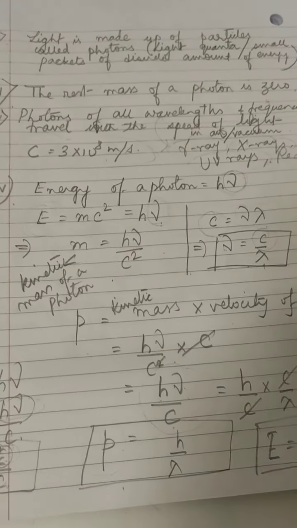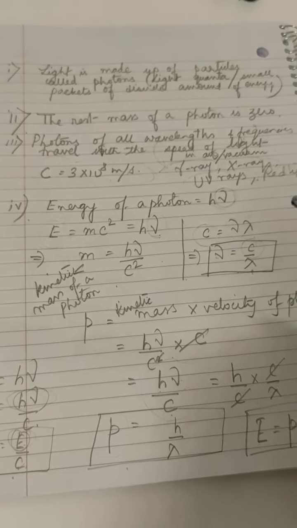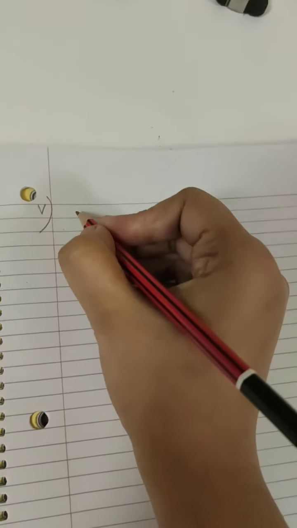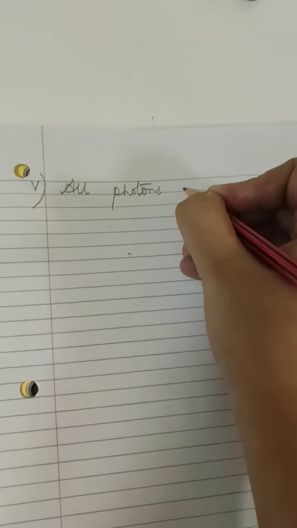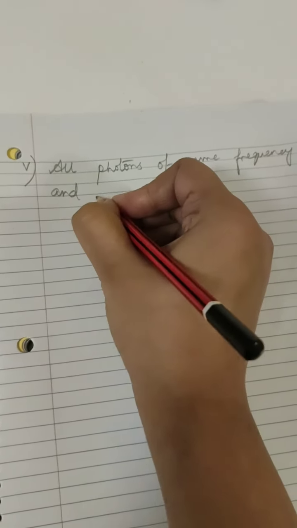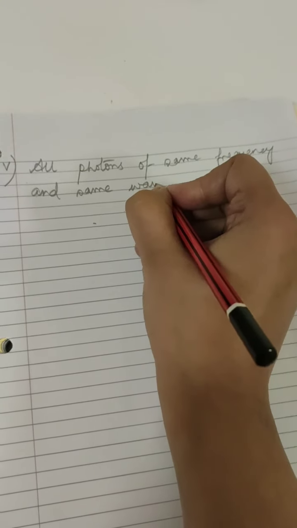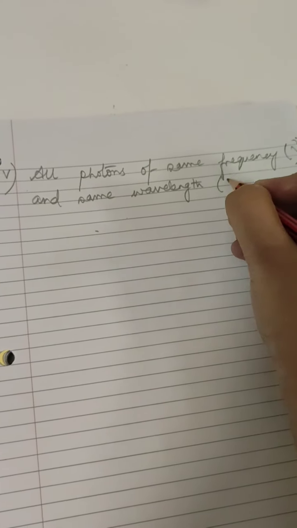Okay. So now moving on to the next point, and that is a very important point, point number 5: all photons of same frequency nu and same wavelength lambda will have the same energy.